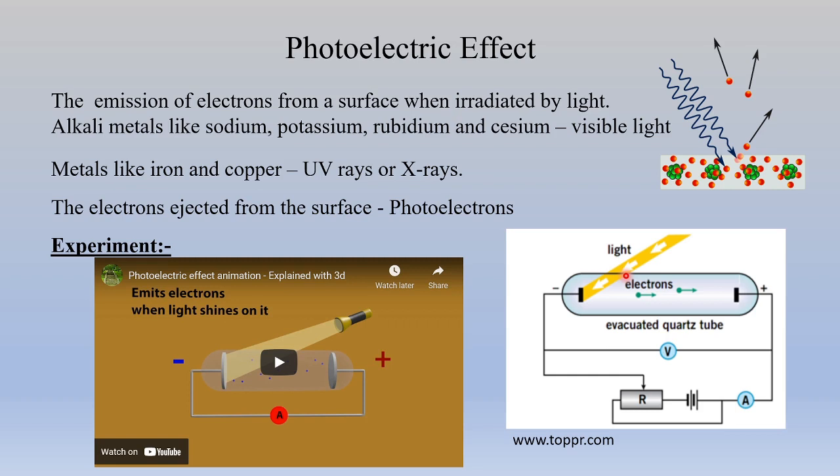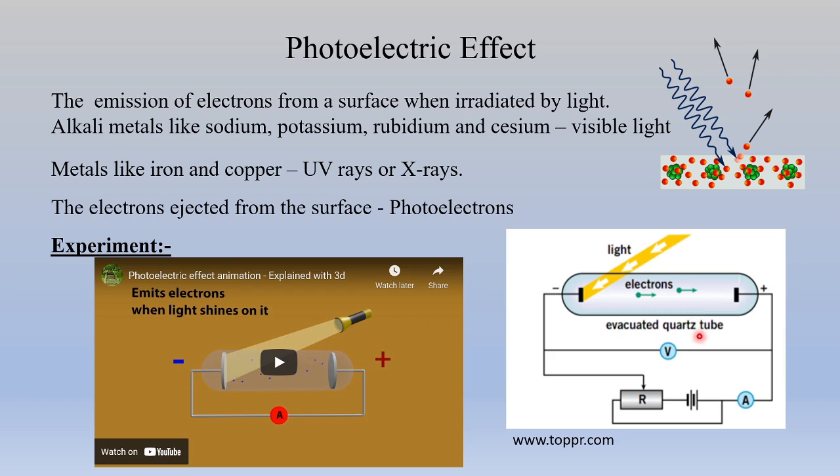Below the threshold frequency, even though the light has a very high intensity, there is no photoelectric effect. If the incident light has the minimum frequency, then even with low intensity there is a photoelectric effect. So for starting the photoelectric effect, the intensity of light doesn't have any role. The only condition is that the light should have a minimum frequency called the threshold frequency.